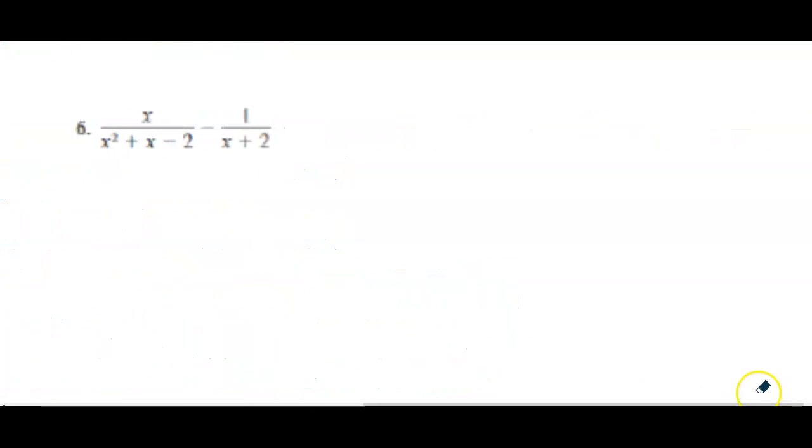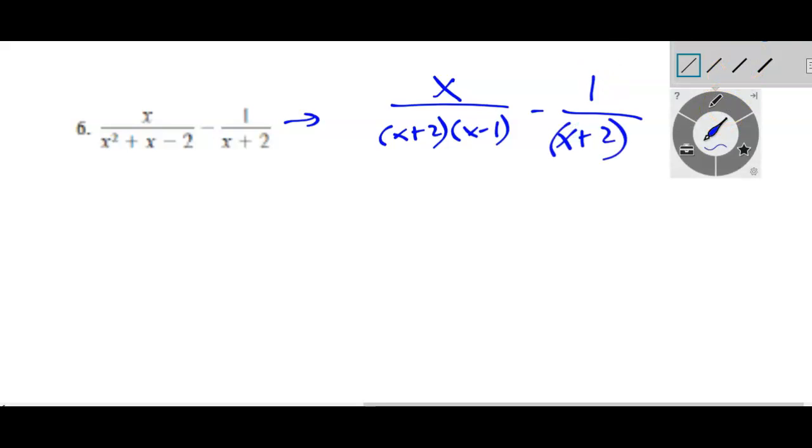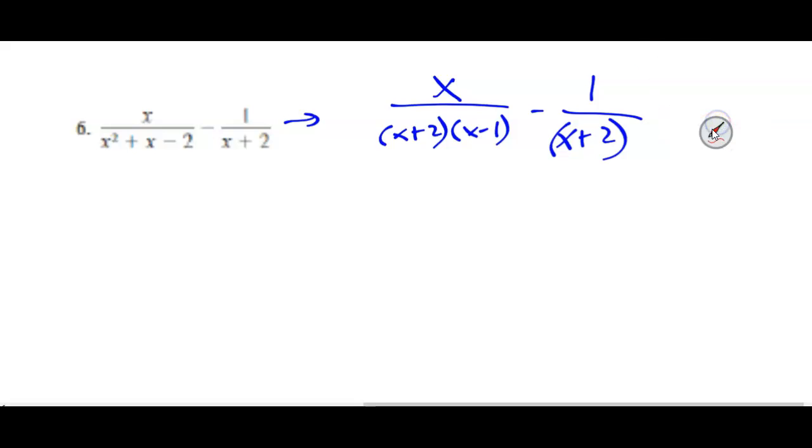Now, number 6, same type of expression. You need to factor first. So we have (x plus 2)(x minus 1), minus 1 all over x plus 2. Now, again, we need to get a common denominator at the bottom.